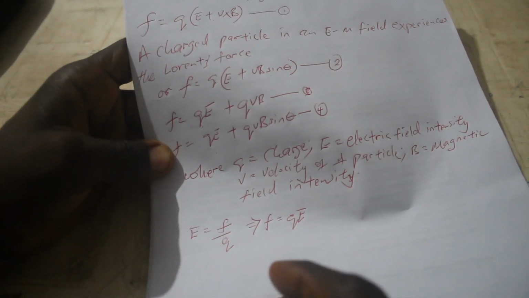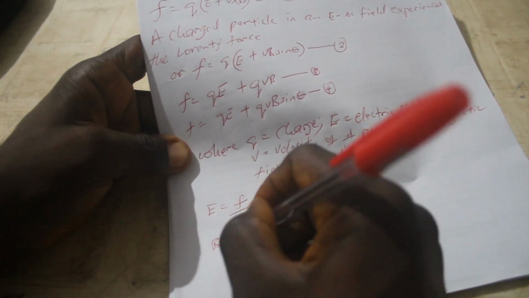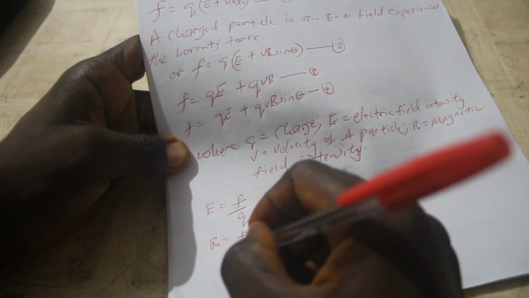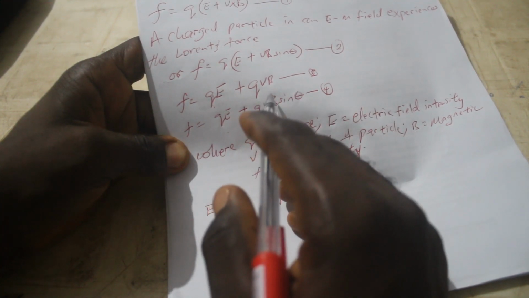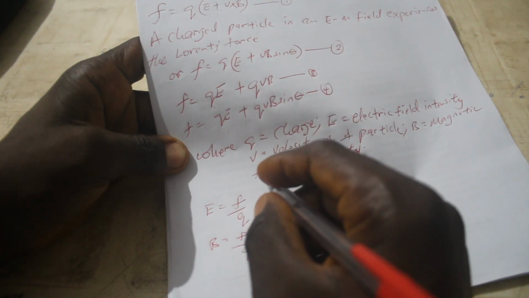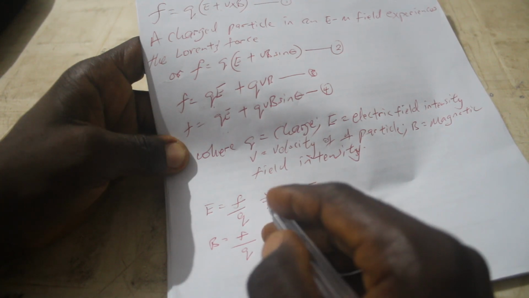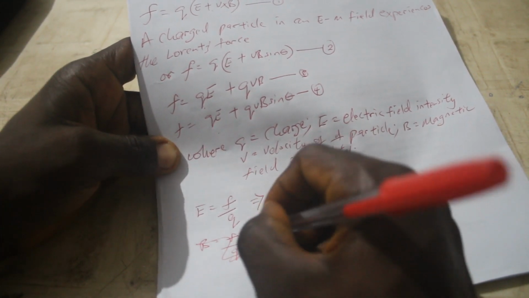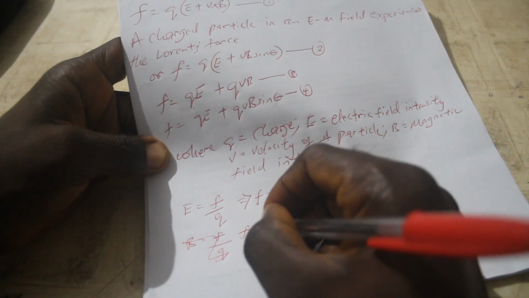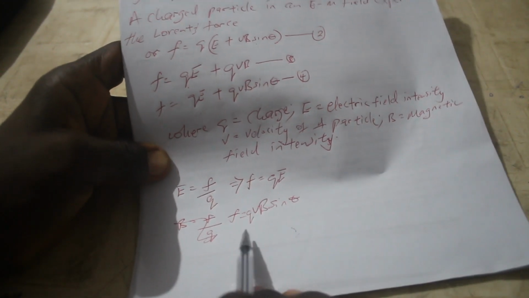Now, also from magnetism, we have B is equal to F over Q. So we know that F is equal to VBQ, or QVB sine theta if you want.